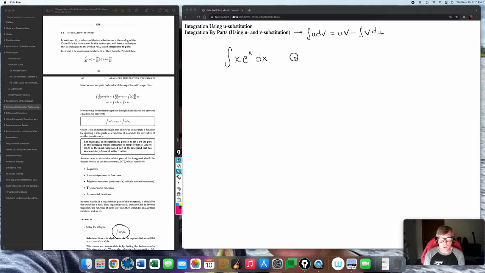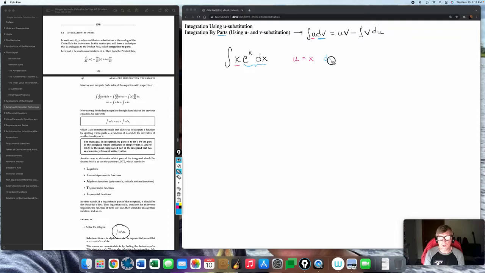I'm going to let u, the u part, be x. I'll explain why in a moment. But just know that I'm going to let u equal x. That means that the other part of the integral, e to the x dx, is going to be dv.